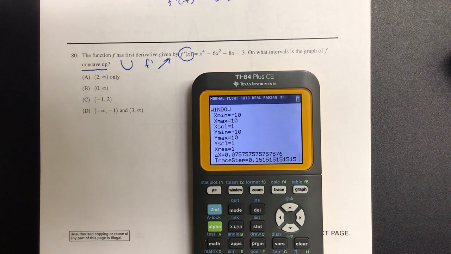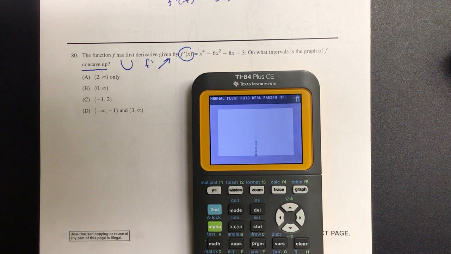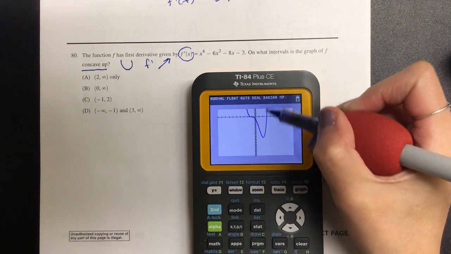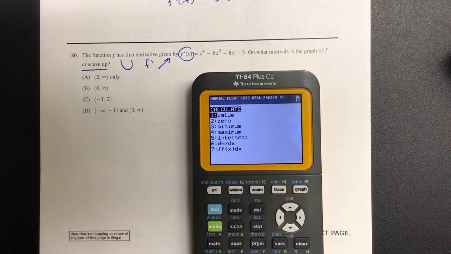Someone give me a number. Negative 50. Let's do that. That was a good number. So we know it's increasing over here, right? So let's see what the minimum value is. Second calc, minimum is option number 3.